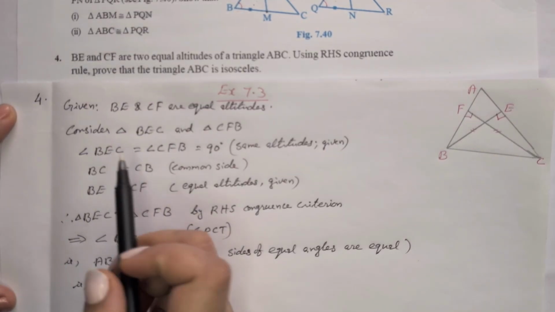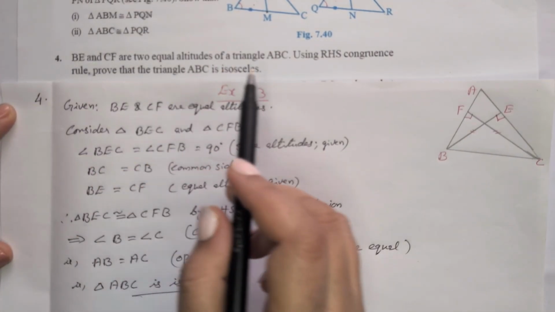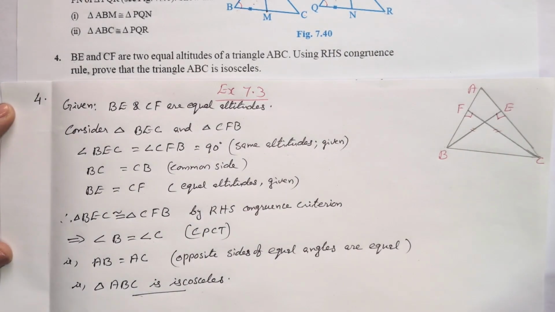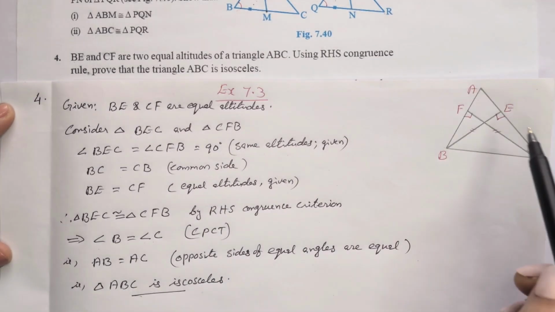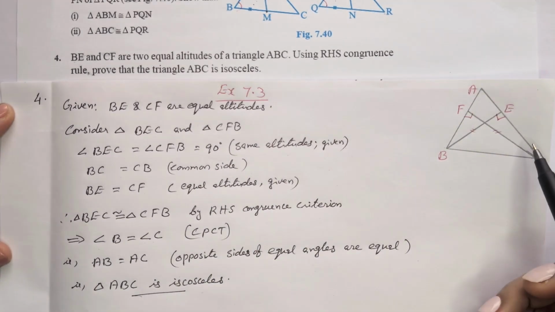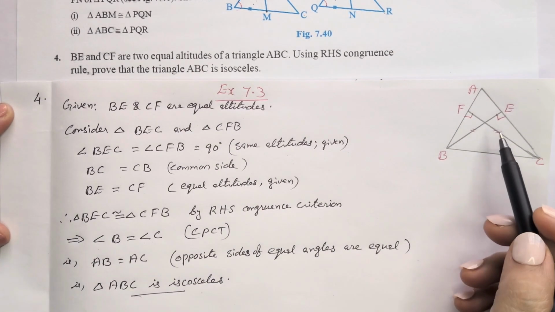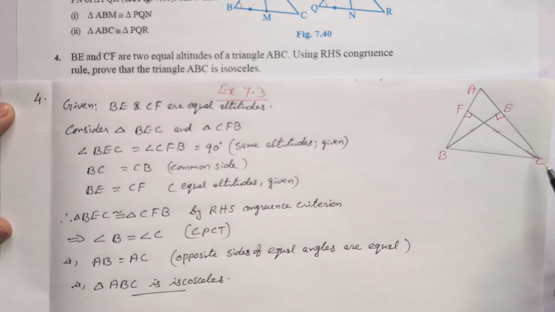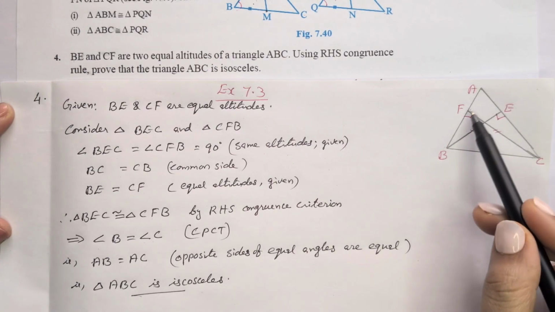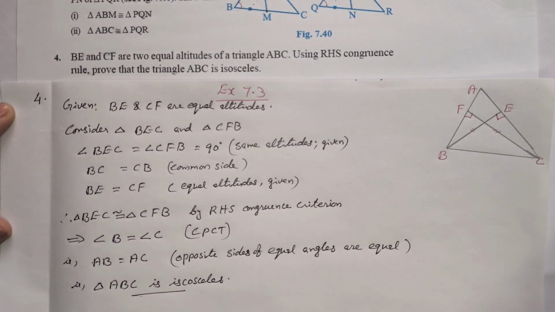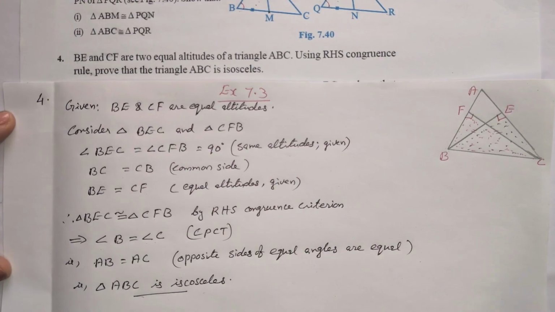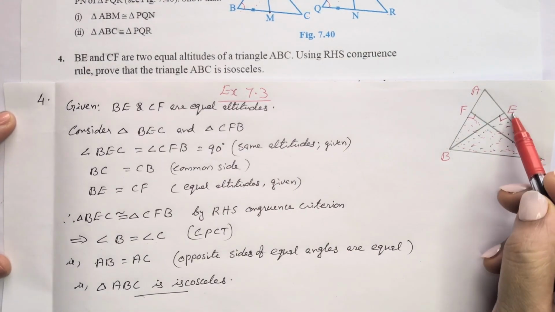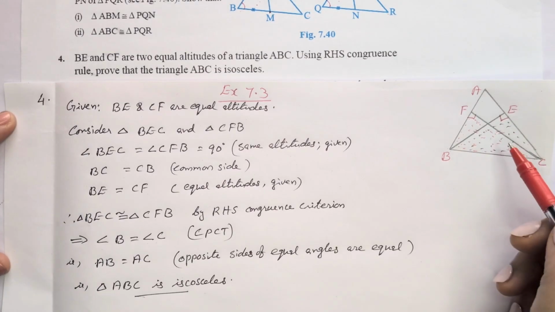Question number 4. BE and CF are two equal altitudes of triangle ABC. Using the RHS congruence rule, prove that the triangle ABC is isosceles. So here we can consider triangles BEC and CFB. Here we can see angle FBC is equal to angle CEB, the altitudes are given.